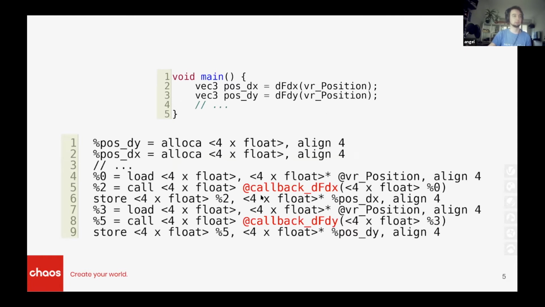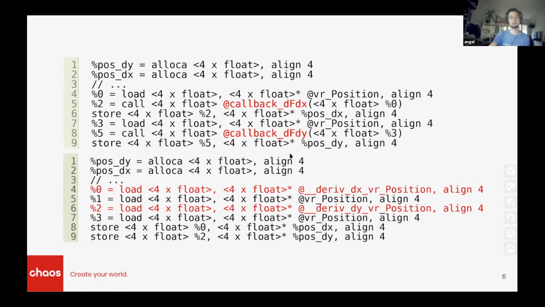We have those df/dx calls translated to call instructions which call something called callback underscore df/dx, which isn't anything specific, but is used as a placeholder for the differentiation pass to replace with the actual derivative.